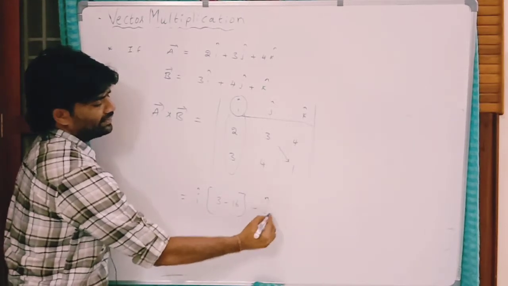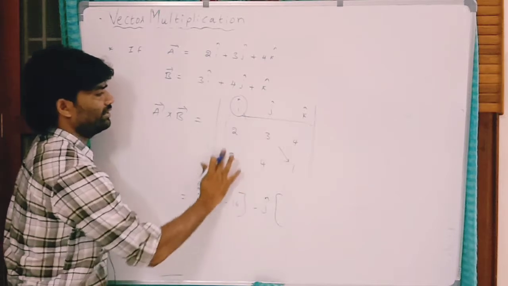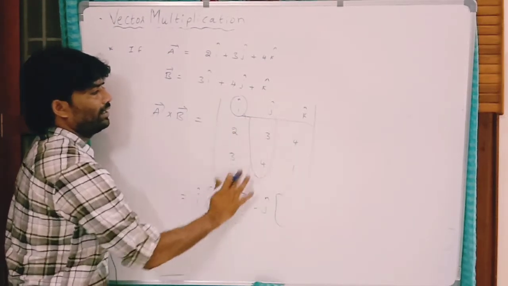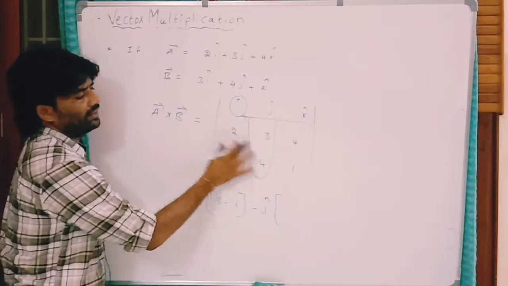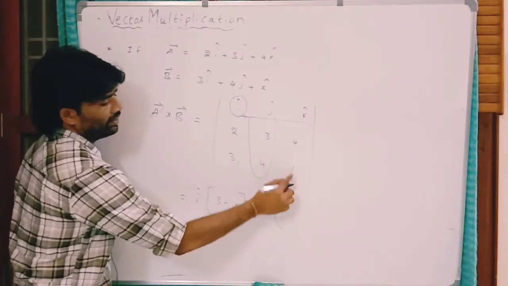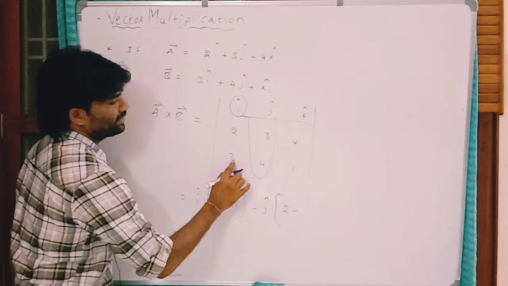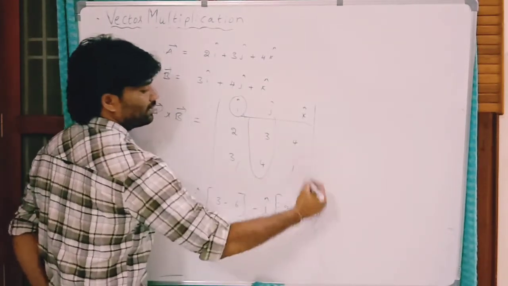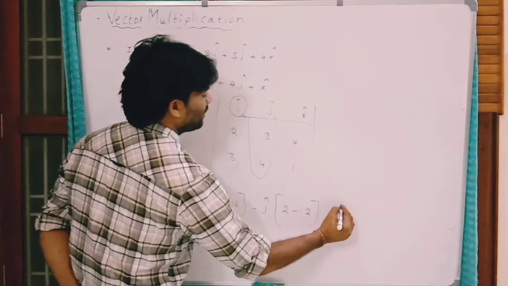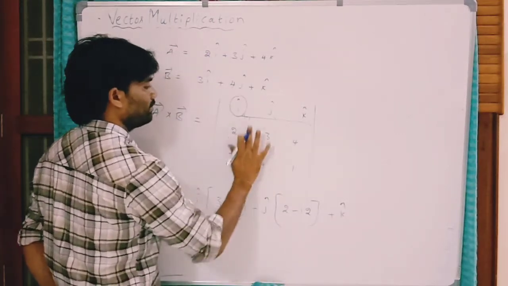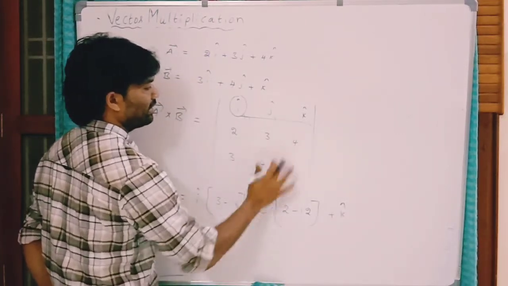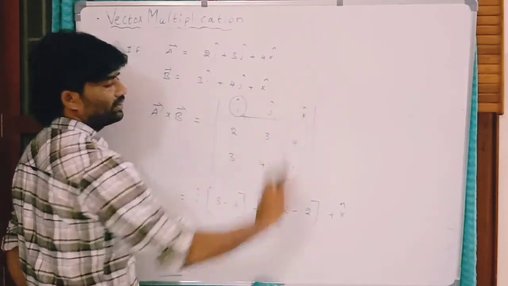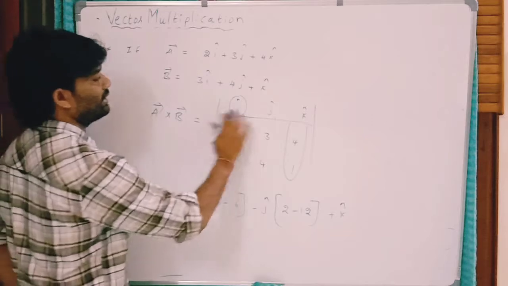Next minus j. When you take j, leave the j corresponding column, and this into this. 2 into 1 is 2 minus 3 into 4, that is 12. Next the k component. To write the k corresponding component, leave its column and this row.